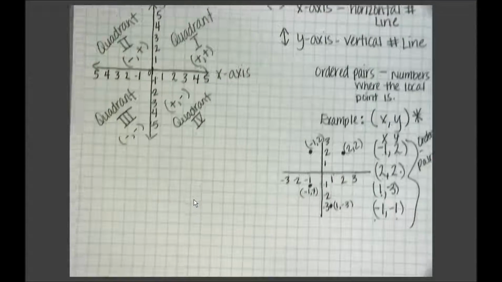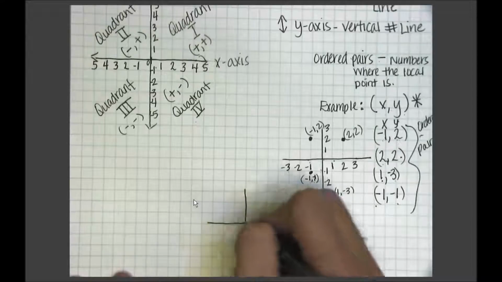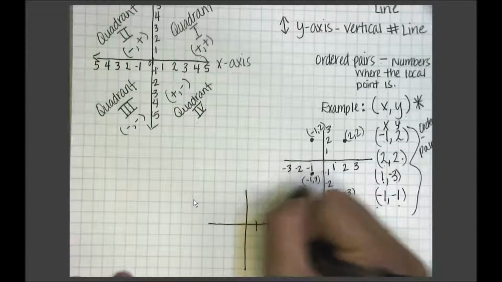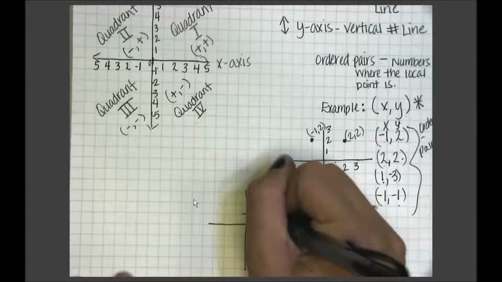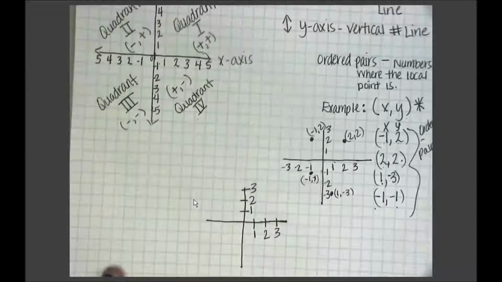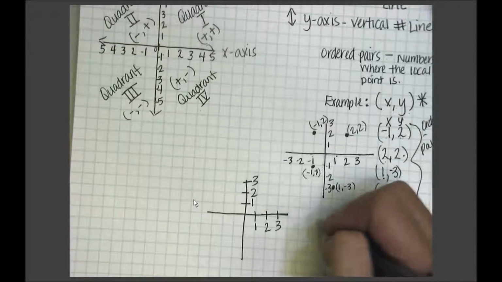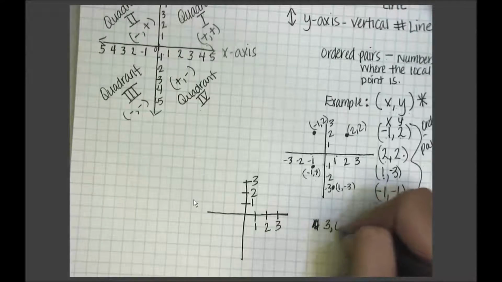I also want to show you quickly one more thing. Okay, now I only put up 2 positives, and I'm just going to show you, I want to write, not 4 because we don't have 4, so (3, 0).